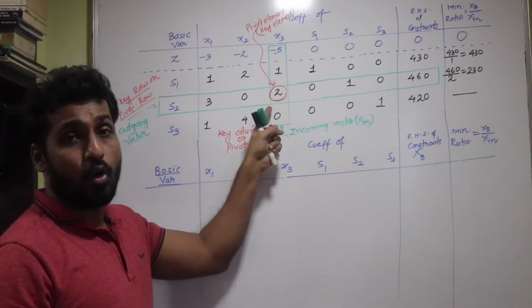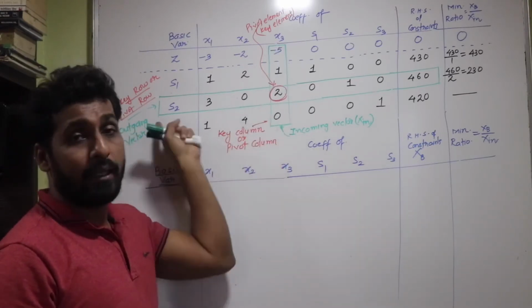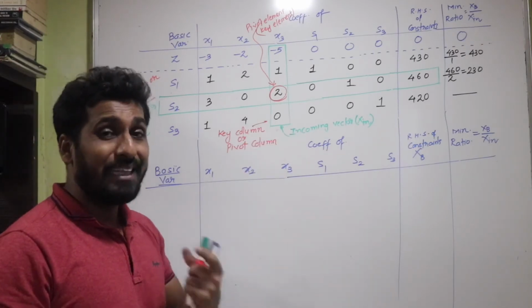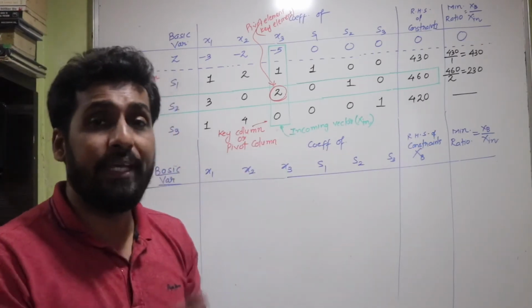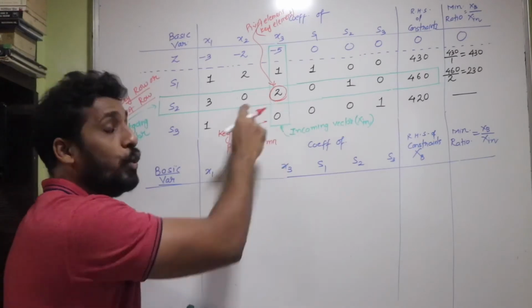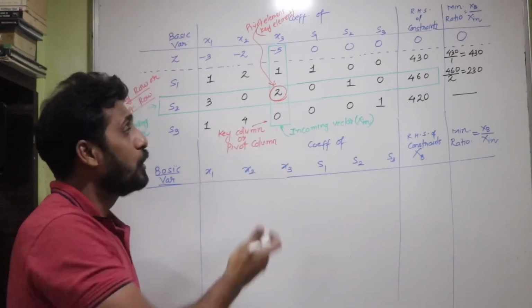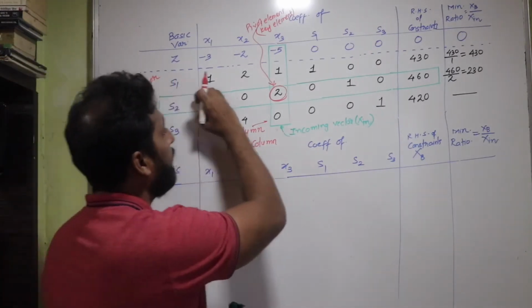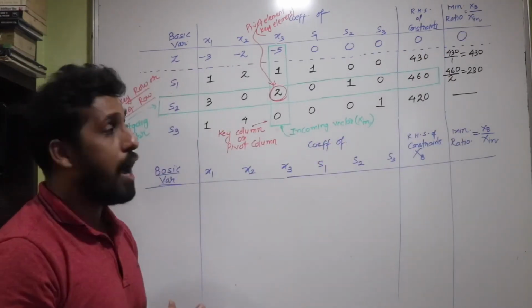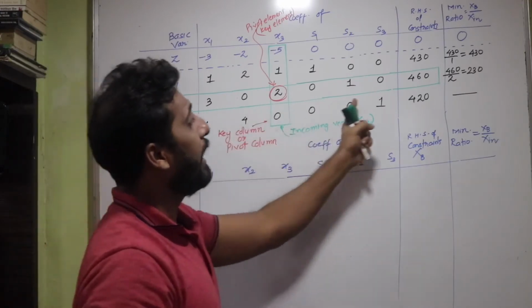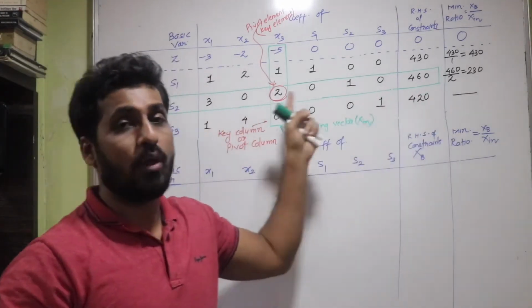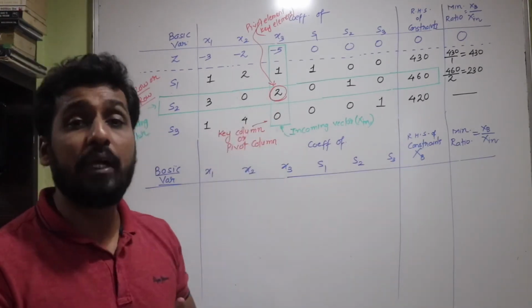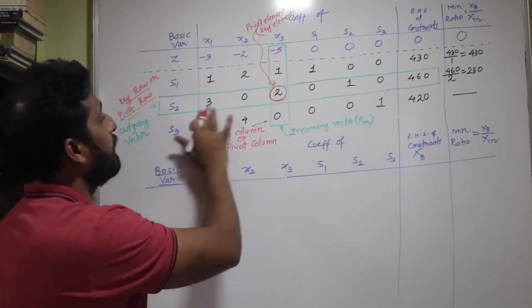The intersection of the key column and the key row is called the key element or the pivot element. This element has to be 1. So here it is 2, I have to make it 1. This can be made 1 only by dividing this entire row by 2. I am going to divide the entire key row or the pivot row by 2, so that the pivot element becomes 1.